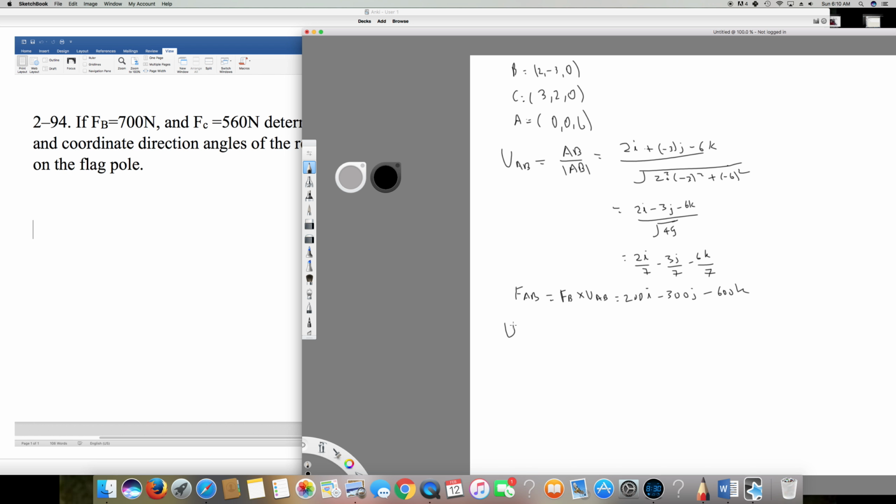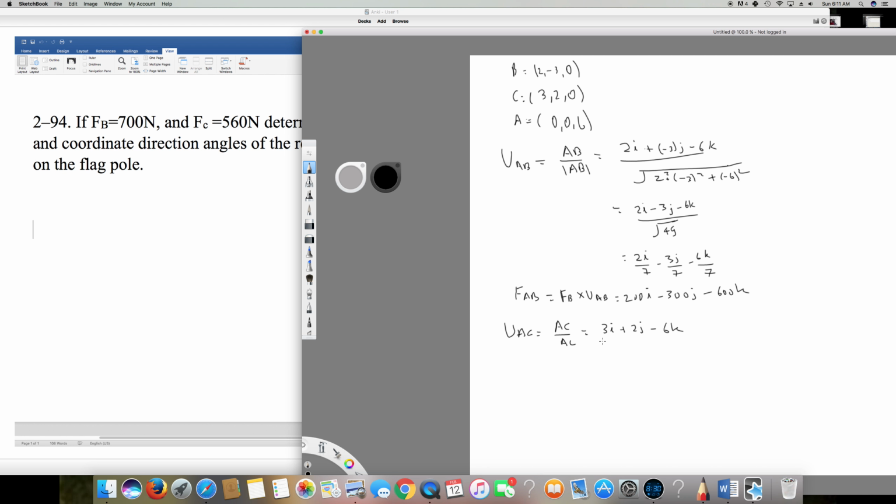Now I'm going to calculate UAC. UAC is going to be AC over the magnitude of AC. So AC is C minus A: 3 minus 0, 3i, plus 2 minus 0, 2j, and 0 minus 6, minus 6k.